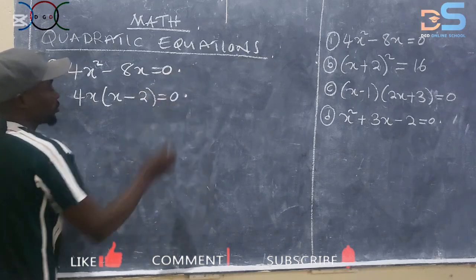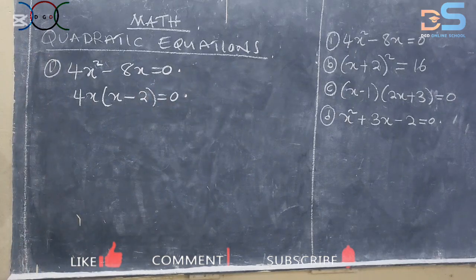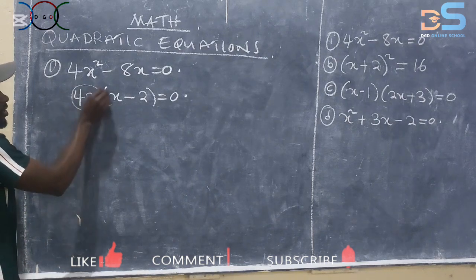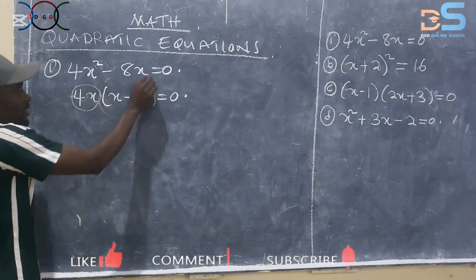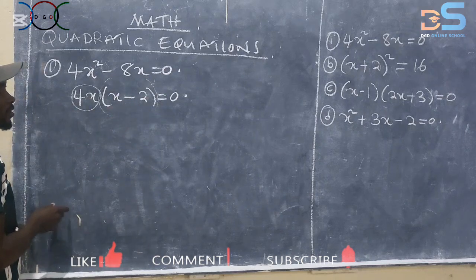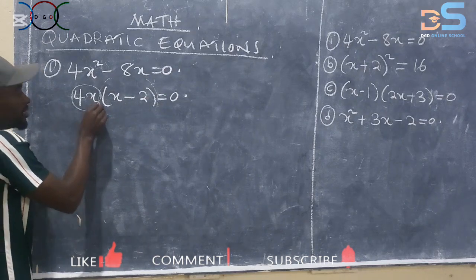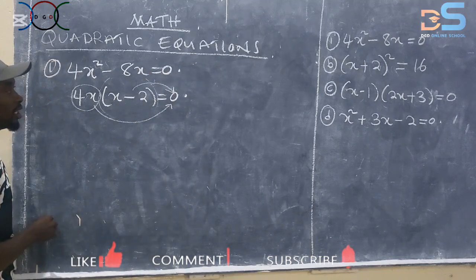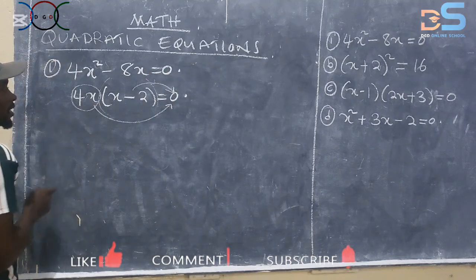This will be equivalent to 0. After factorizing like that, since 4x and what is in the bracket are multiplying, this simply means 4x is equivalent to 0, and also x minus 2 is equivalent to 0, because there is a multiplication here.